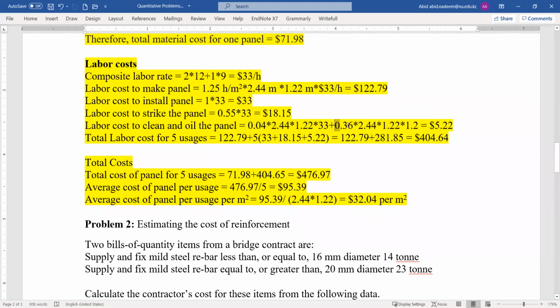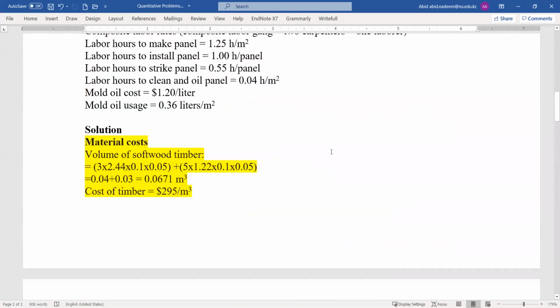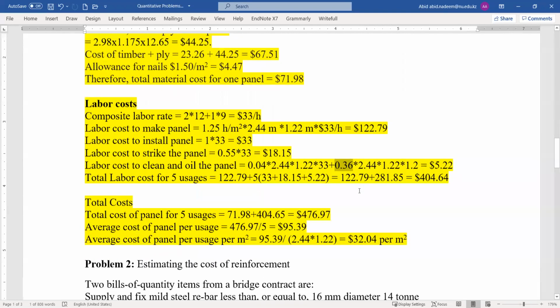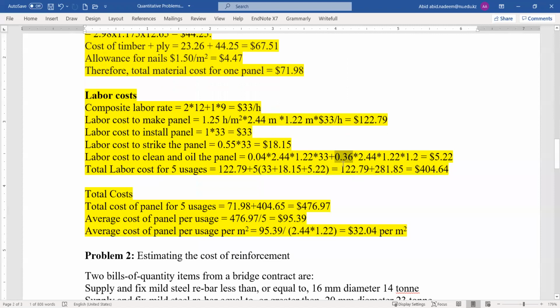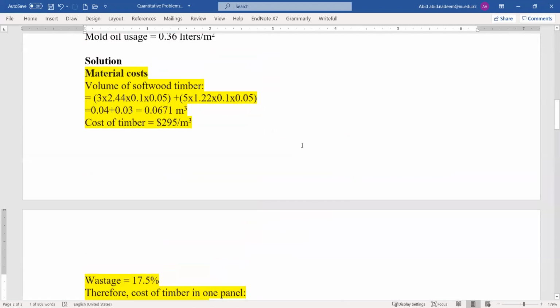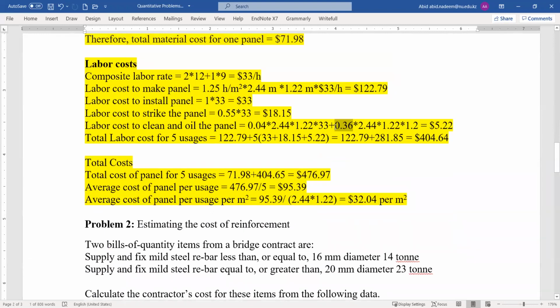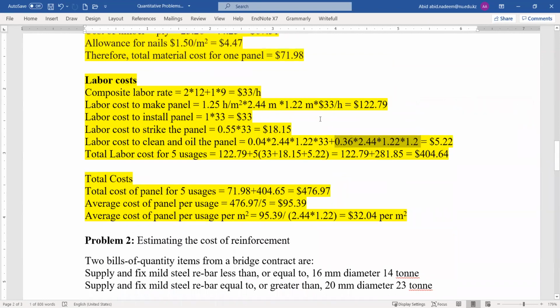And then for oiling, it is a little bit different. For oiling, 0.36 liters of oil is needed per square meter. Here you can see that it is not the labor cost which we are including; here we are including the cost of oiling.